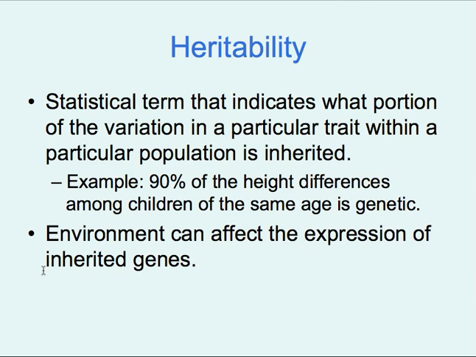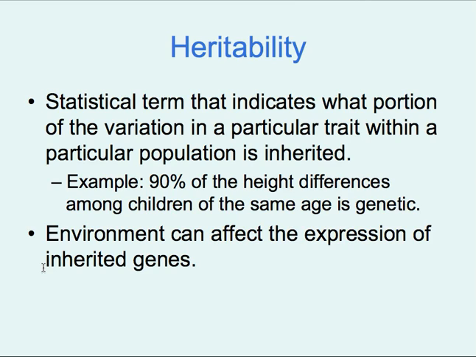Now, again, typically it's not the case that a single gene determines anything. Blue eyes is a common example because it's one of the few traits that is under the control of just a few genes.